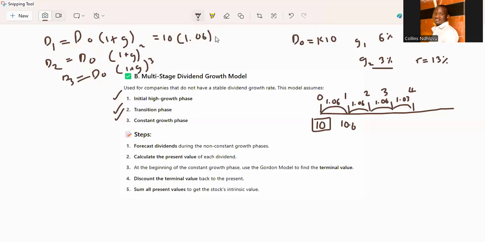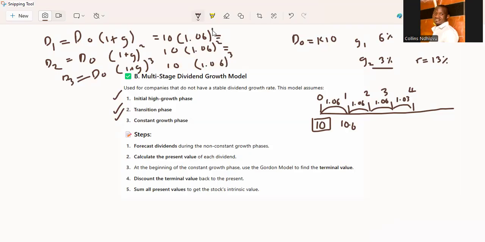What do we get? Then here we're going to have 10 times 1.06 to the power what? 2. Then here we're going to have 10 times 1.06 to the power what? 3. So this is the growth for the first subsequent 3 years.